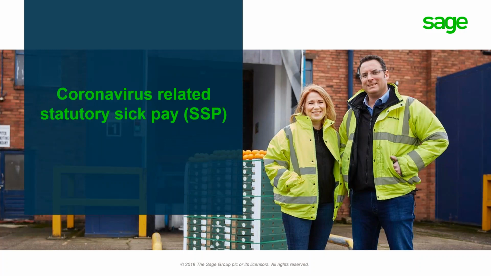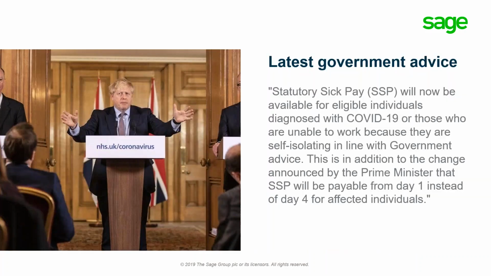So starting with our first topic, coronavirus related statutory sick pay. Just want to remind you on the latest government advice around this SSP scheme. They are saying now that statutory sick pay will now be available for eligible employees diagnosed with COVID-19 or those that are unable to work because they're self-isolating in line with government advice.